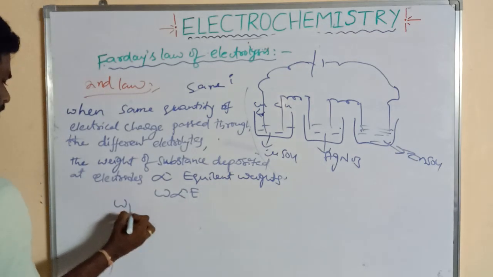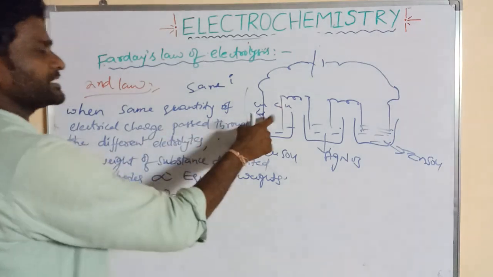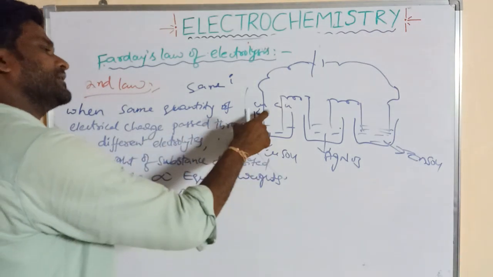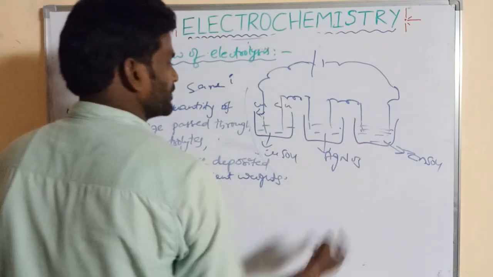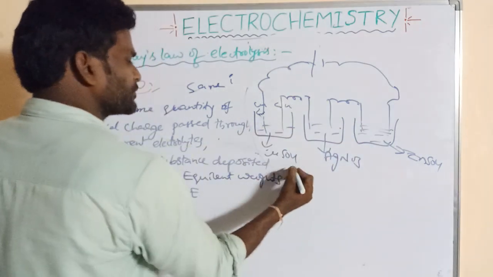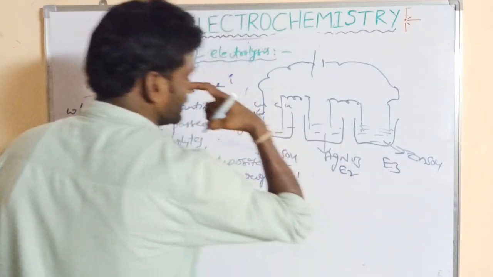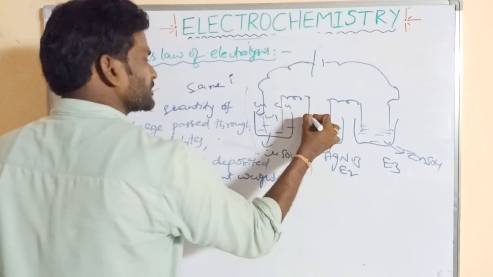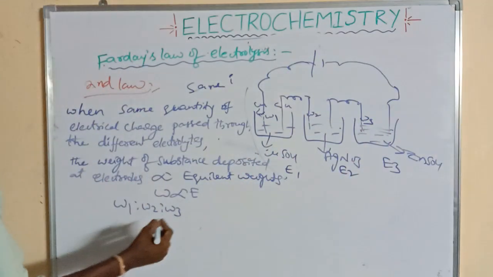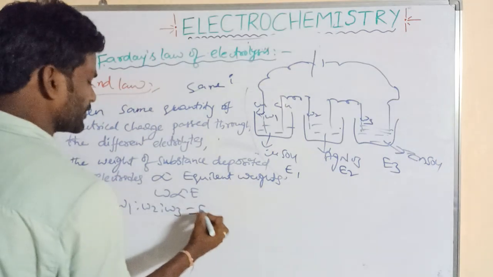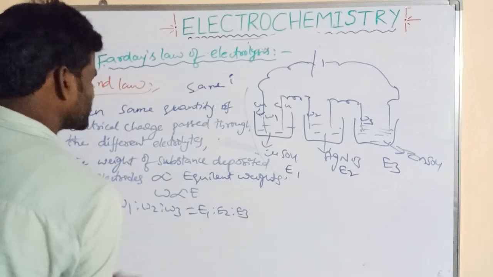That means W1 is to W2 is to W3. The weight of substance deposited at the first electrode is W1, this is W2, this is W3. Its equivalent weights are E1, E2, E3. So W1 is to W2 is to W3 is equal to E1 is to E2 is to E3.